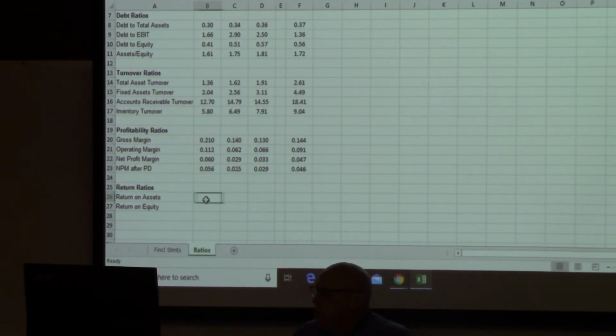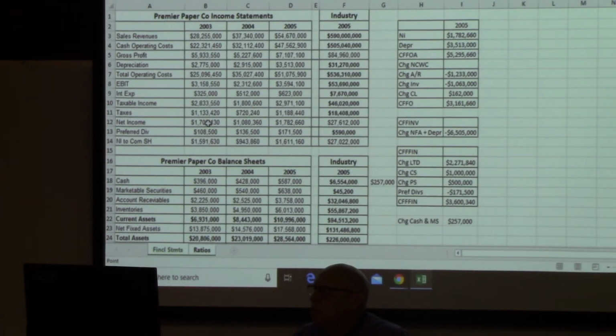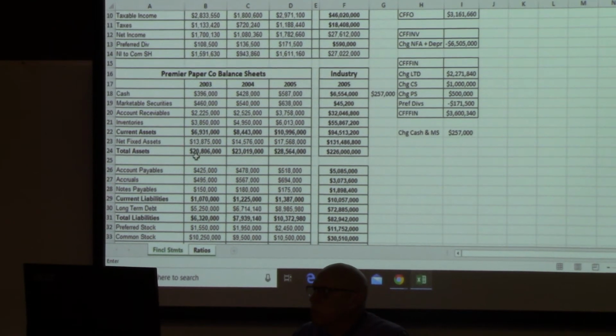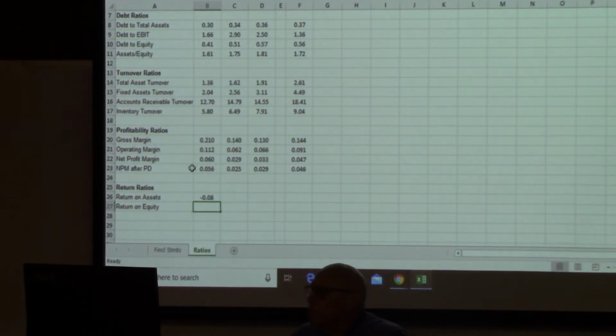and okay, now let's look at the return ratios. So that's net income divided by assets. That can't be right.